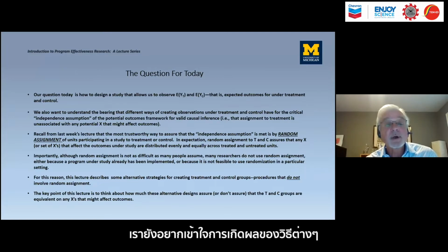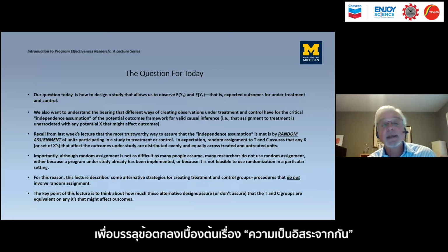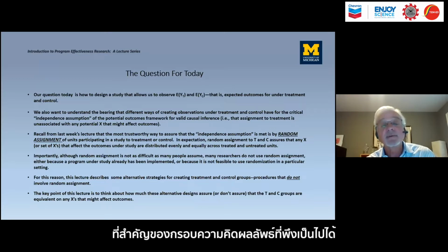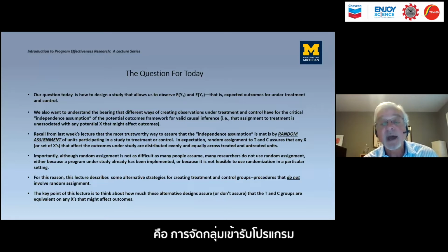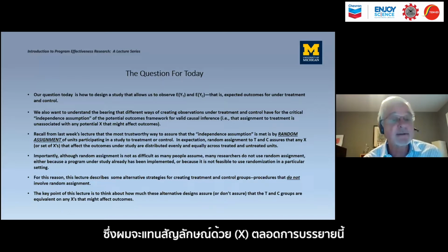We also want to understand the bearing that different ways of creating observations under treatment and control conditions have for meeting the critical independence assumption of the potential outcomes framework. The independence assumption is that assignment to treatment is unassociated with any potential variable, which I will denote as X throughout this lecture, that might affect outcomes.